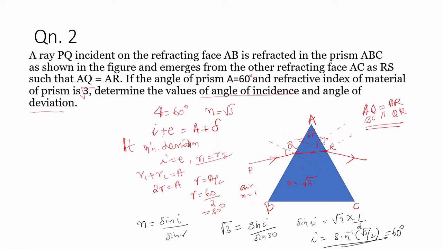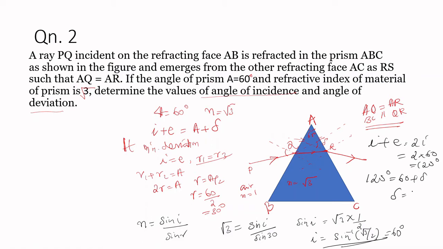Now we know I plus E is A plus delta. That is the rule. So I and E are equal here. So I plus I, that is 2I, is equal to 2 into 60, meaning 120 degree, which is equal to A plus delta. So 120 degree is equal to A, which is 60, plus delta.